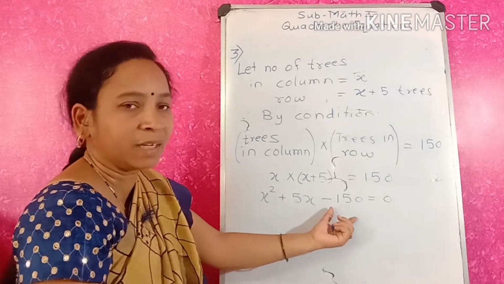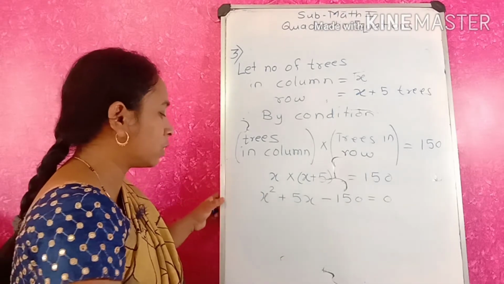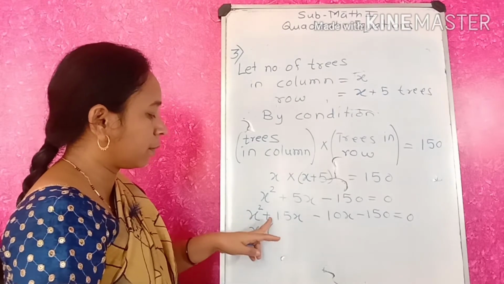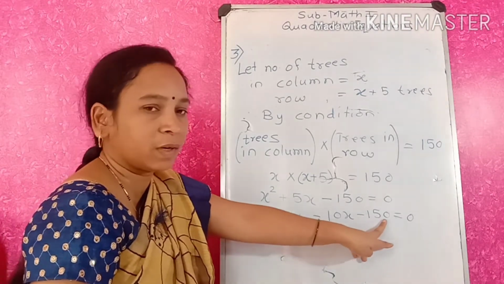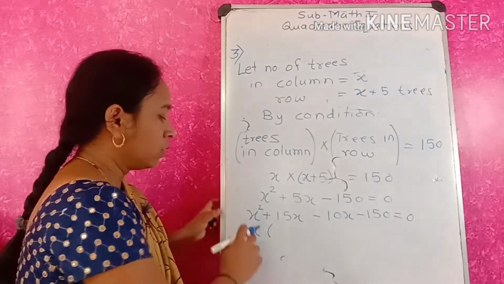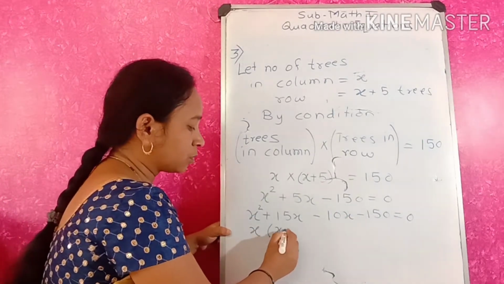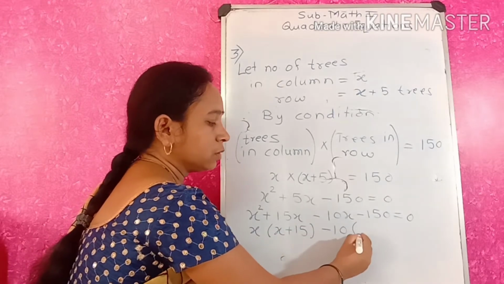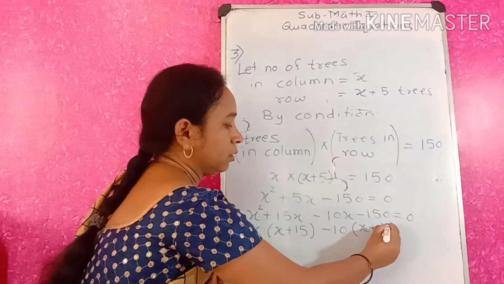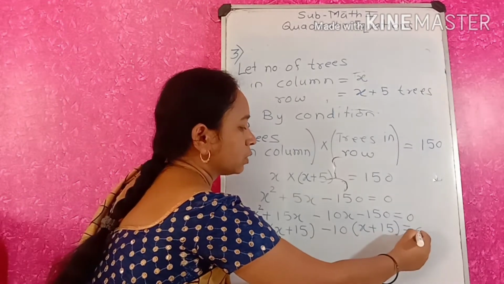I'll get 15 multiplied by 10, 15 and 10, these two are the factors. So x square plus 15x minus 10x minus 150 is equal to 0. Take x common, so x plus 15, here minus 10 is common, so x plus 15.